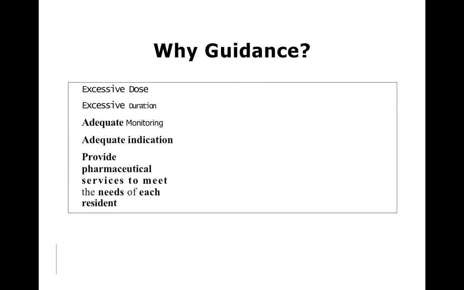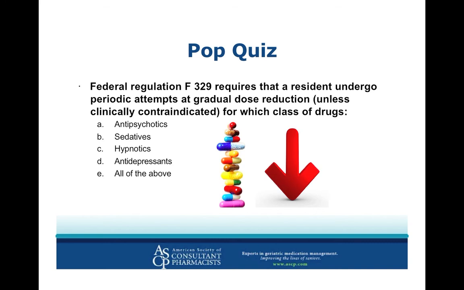If you can answer those questions, you should be in good standing in addressing unnecessary medications in relation to F-TAG 329. That's why early on this semester we talked a lot about functional problems and adverse drug reactions in elderly patients. So use those principles as guidance in looking at F-TAG 329. Because here's a pop quiz.